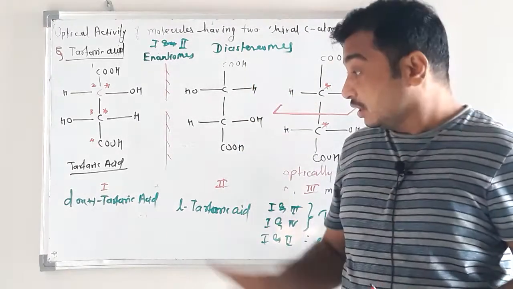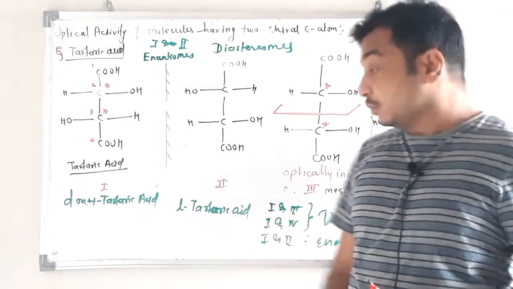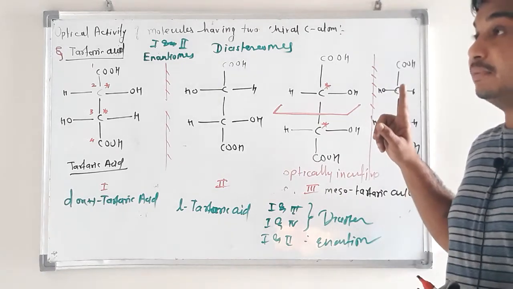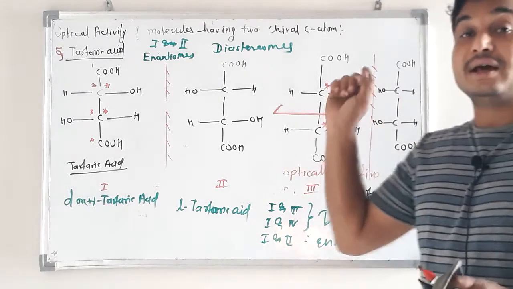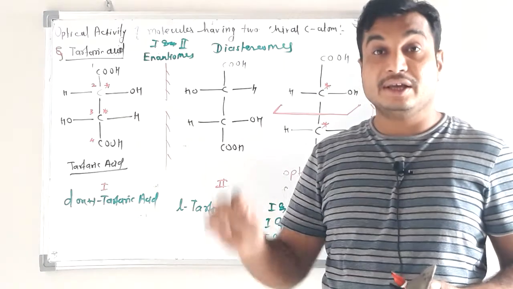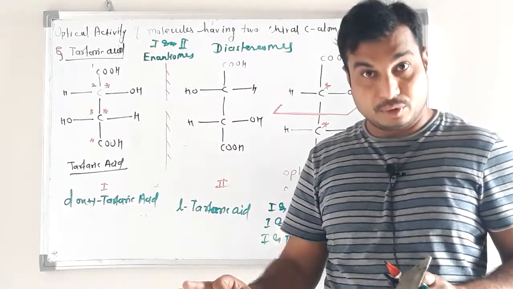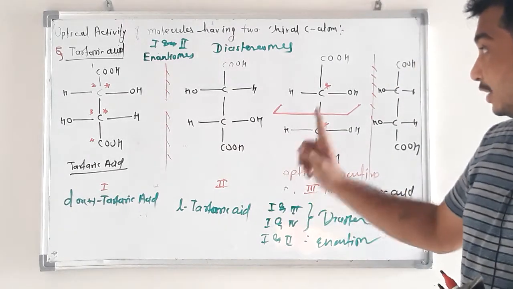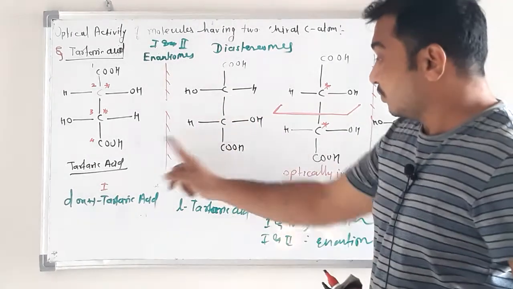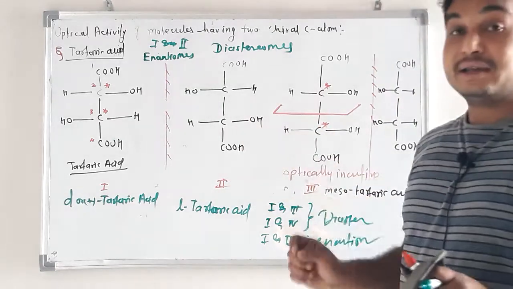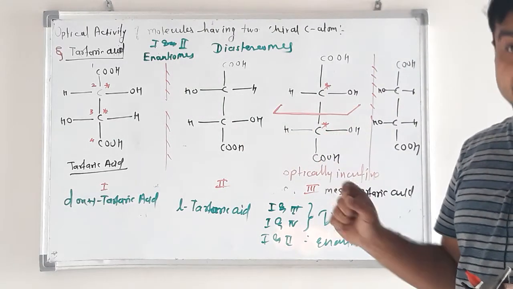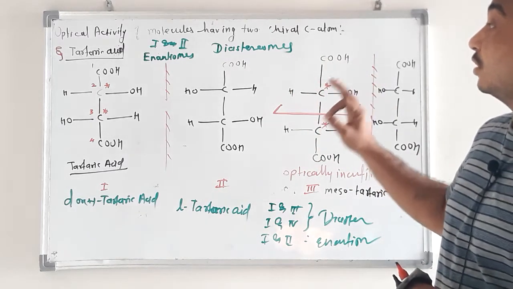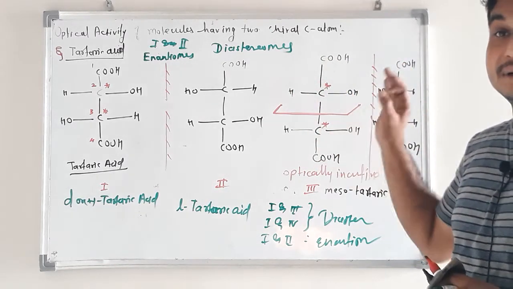Among these, D tartaric acid is optically active, L tartaric acid is optically active, mesotartaric acid is optically inactive, and the racemic mixture is also optically inactive. Forms 1 and 2 are enantiomers, and forms 1 and 3 are diastereomers of each other. So this is all about the optical activity of a compound having 2 chiral carbon atoms.